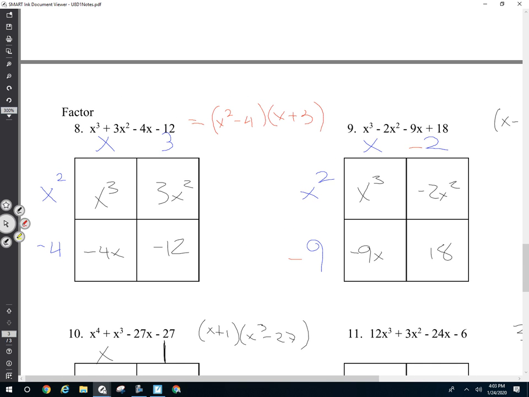Oh, look at that guy. What's that? X squared minus 4. Is that a difference of squares? Yep. What squared gives us x squared? X. What squared gives us 4? This turns into x plus 2, x minus 2 times x plus 3.